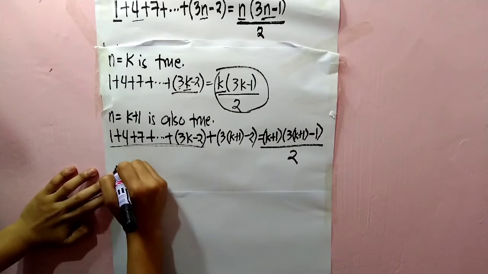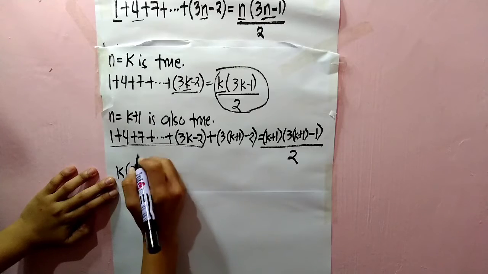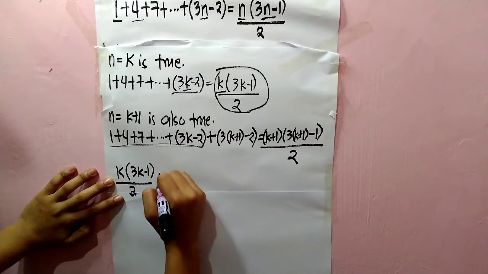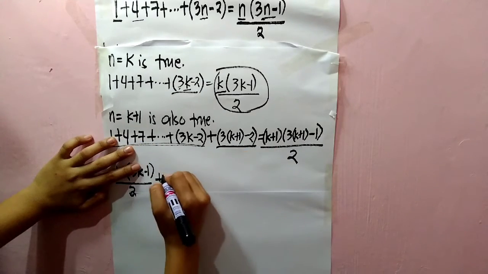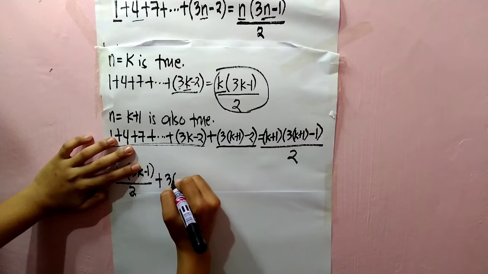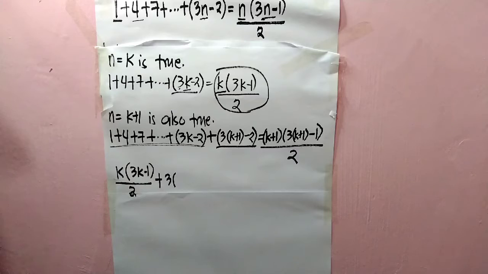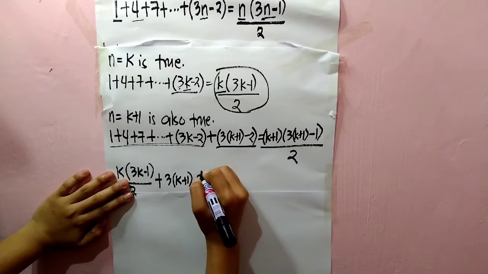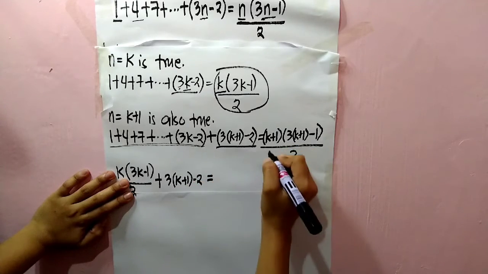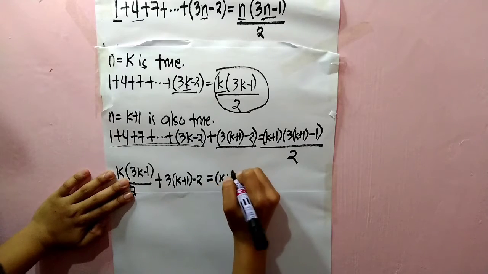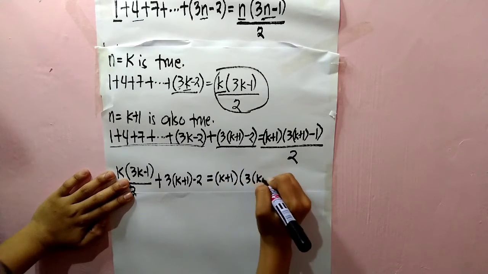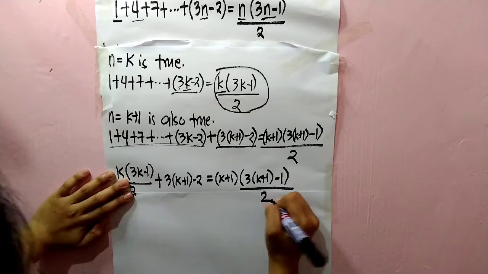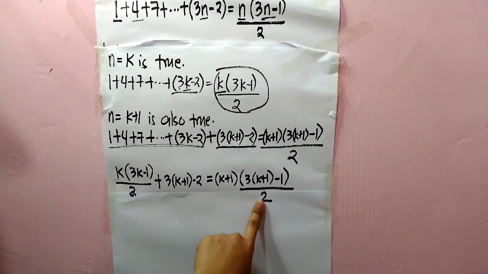So we will copy k times 3k minus 1 over 2 plus 3(k plus 1) minus 2 is equal to, copy, (k plus 1) times 3(k plus 1) minus 1 over 2. So, we will prove this equation.